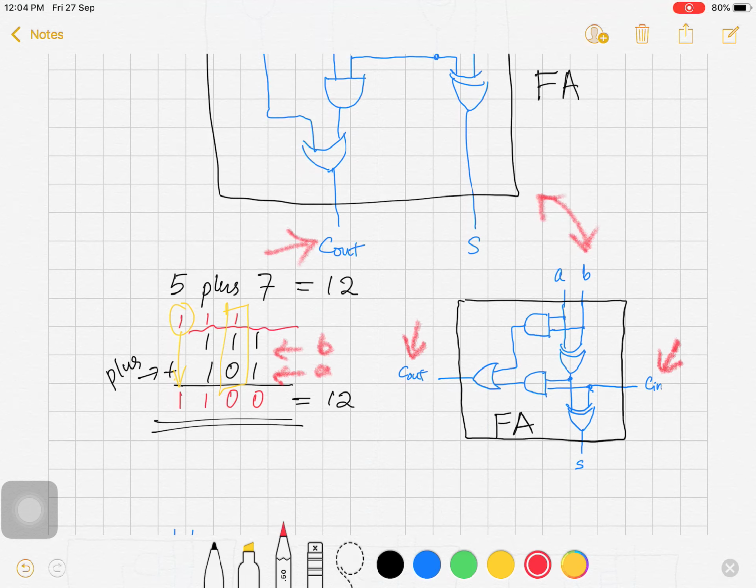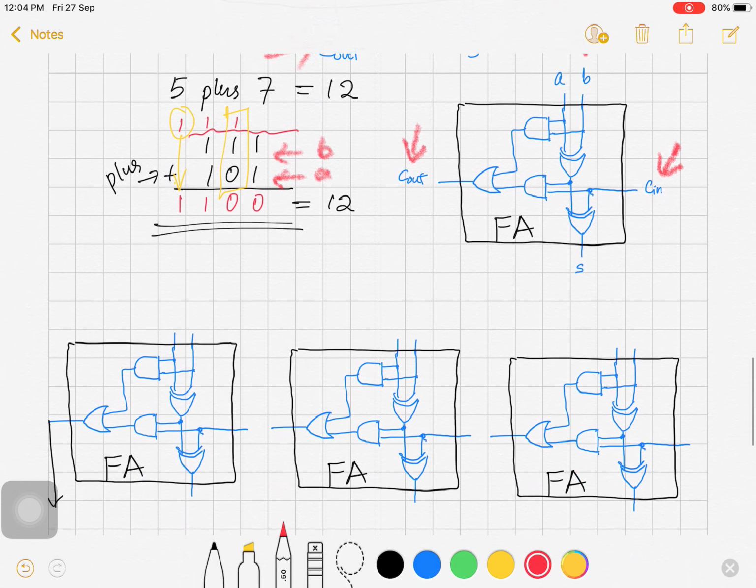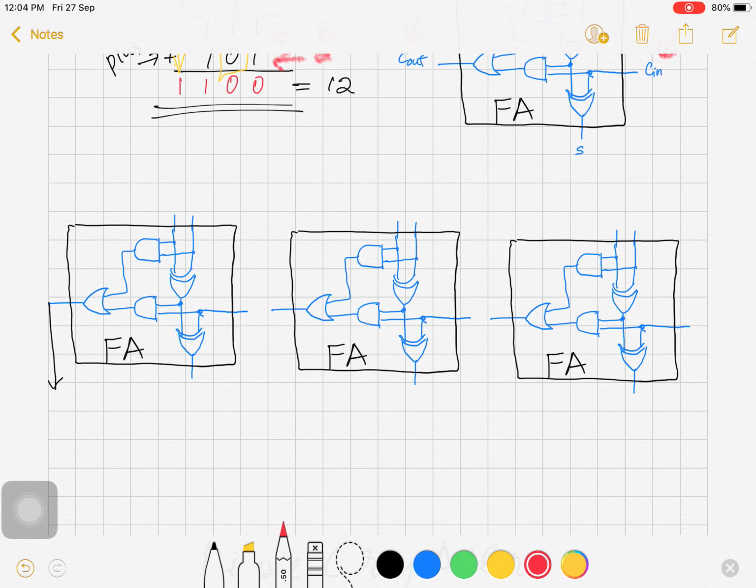Alright, to realize 5 plus 7, we require 3 units of full adder. So we take 3 full adders like this and cascade them like this, from right to left, and we do this connection.